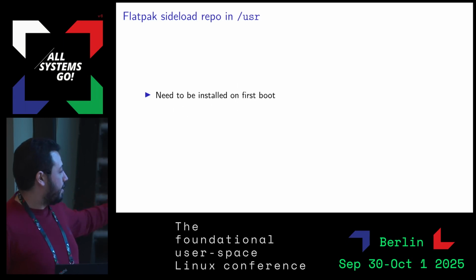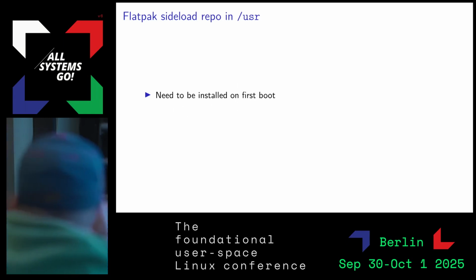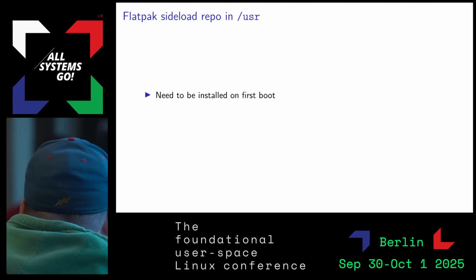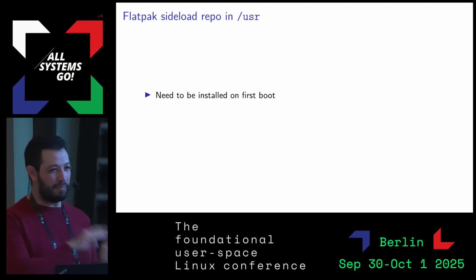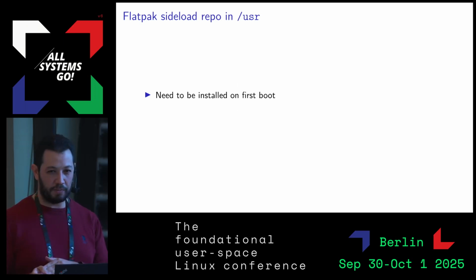So you can have this sideload repository in usr, and then install these apps on the first boot. So that might be a bit slow, as it copies them to the var partition, but not as slow as getting them from the internet.